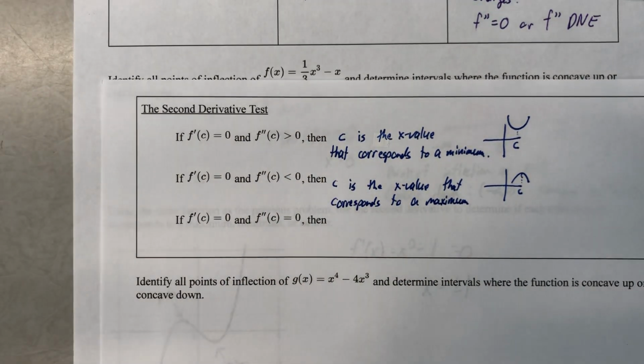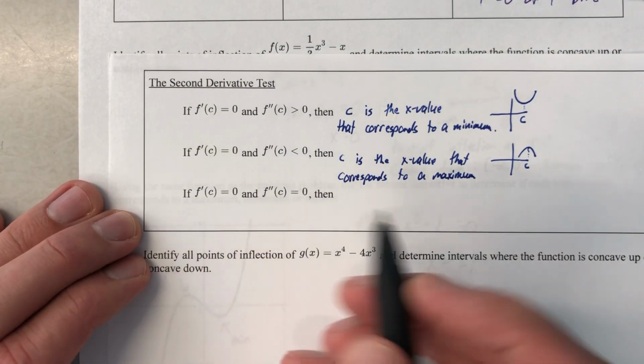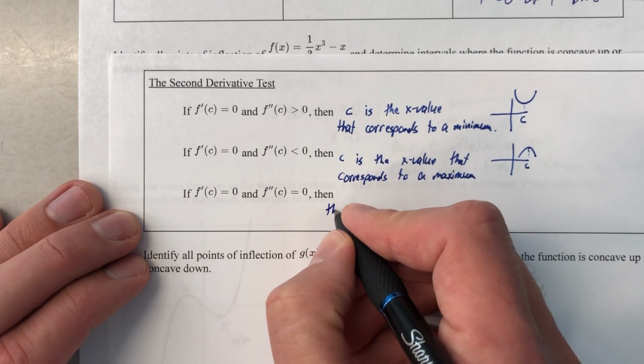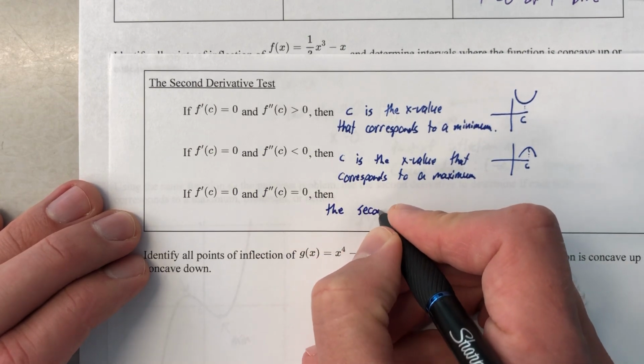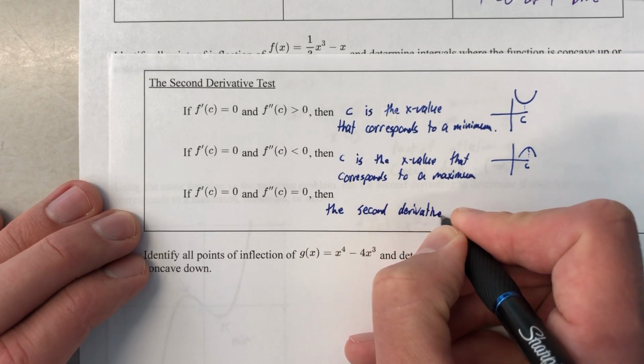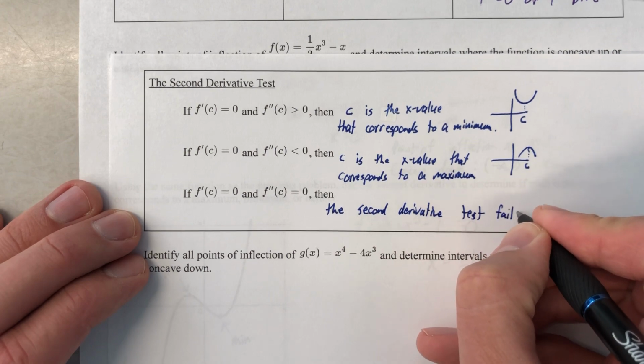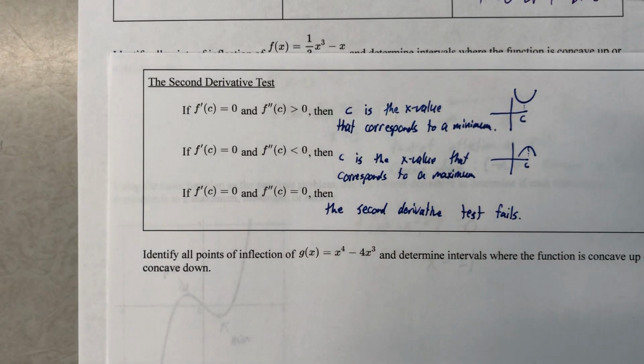It's a little bit backwards, but it works if you visualize it. And then if the first derivative is equal to 0 and the second derivative is equal to 0, then the second derivative test fails, meaning I am unable to determine maximum or minimumness.